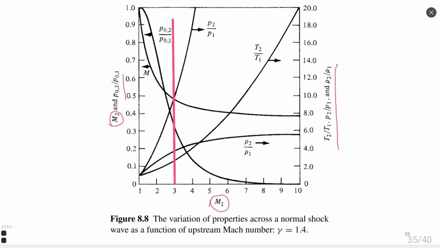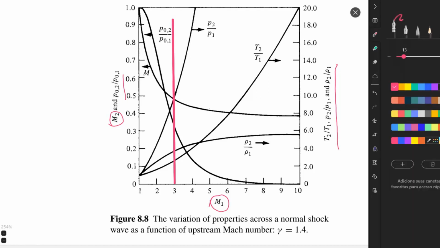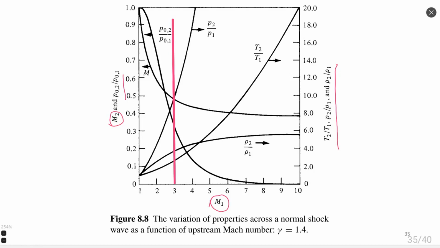Okay, more or less this time. Let's have another color. So having Mach 3 before the shock wave, we know that after the shock wave it will always be subsonic. So we take this curve of Mach number, we see Mach number is less than 0.5.